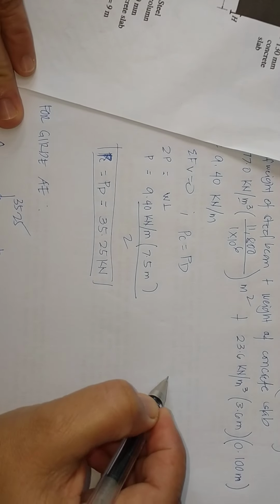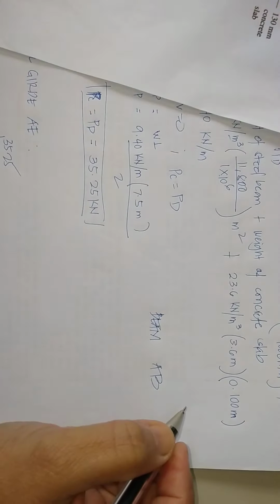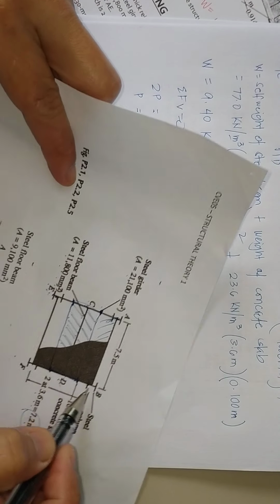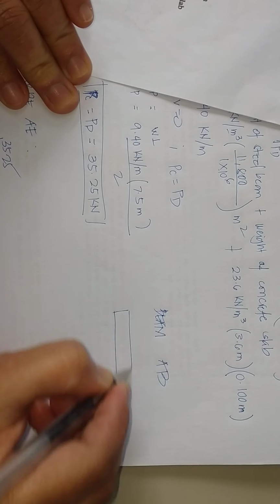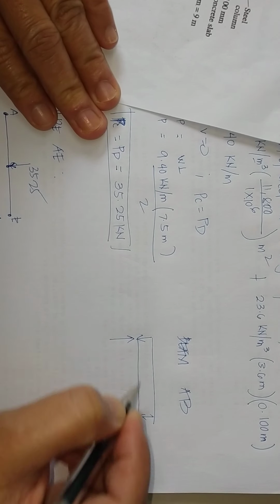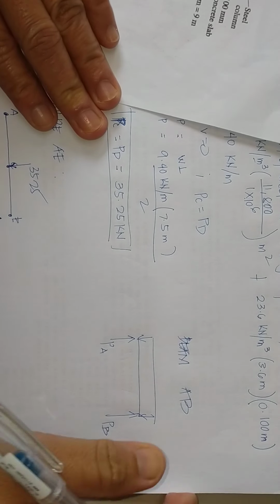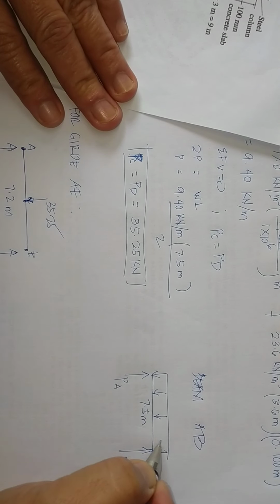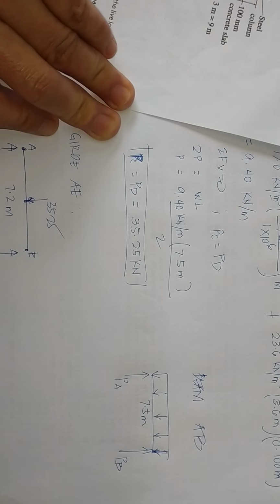For beam AB, half of the floor is the tributary area. The width is 1.8 and the length is 7.5. This is PA and PB, with 7.5 of length. This will be the distributed load.